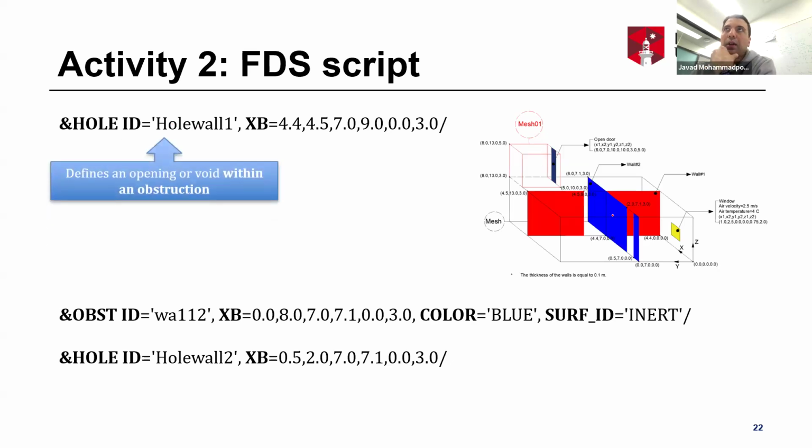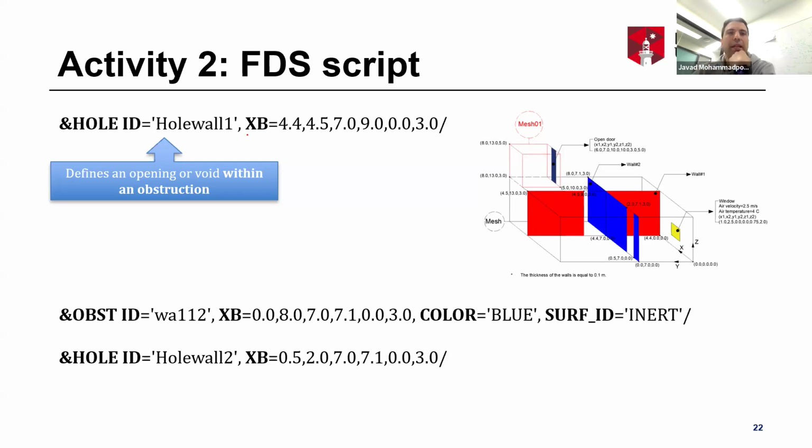It acts like an open door. So the hole ID, again, you define the ID of the hole. So the hole wall one shows that this opening is only for the wall one. You don't need to define the color because it's like an opening.